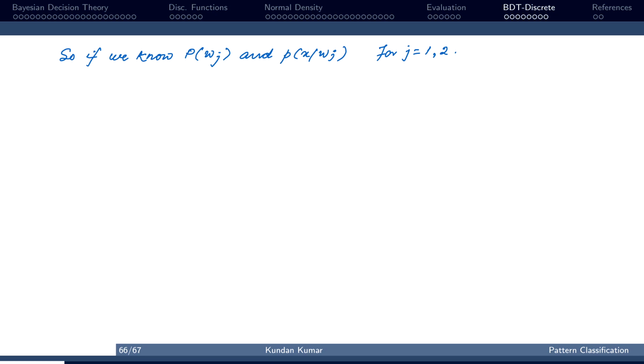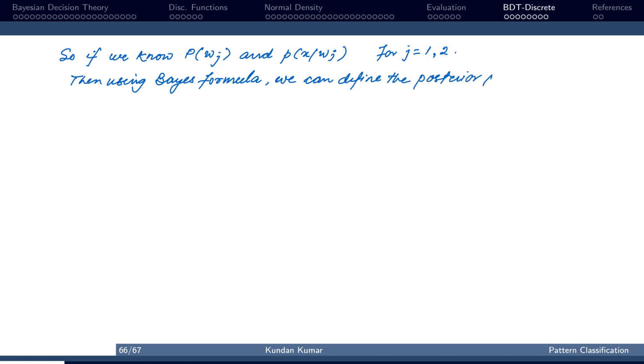So if we know the prior probability and likelihood, then using Bayes formula or Bayes rule, we can define the posterior probability in terms of prior probability and likelihood.